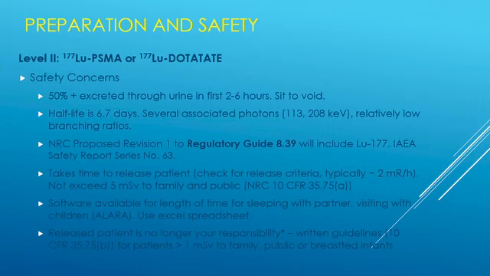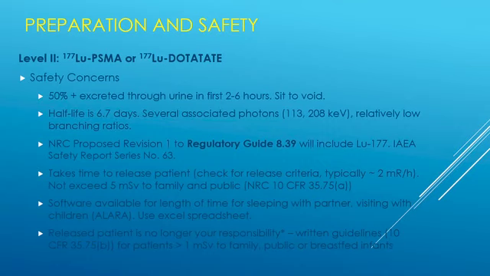So the typical criterion, if you're taking a look at the exposure rate, is about 2 milliroentgen per hour. That's somewhat conservative at 1 meter. The value that you need to keep in mind is that you are not to exceed 5 millisievert from the patient to family or public, and of course the person that you're most concerned about is the direct caregiver, because they're the one that's going to be most closely exposed to the patient.